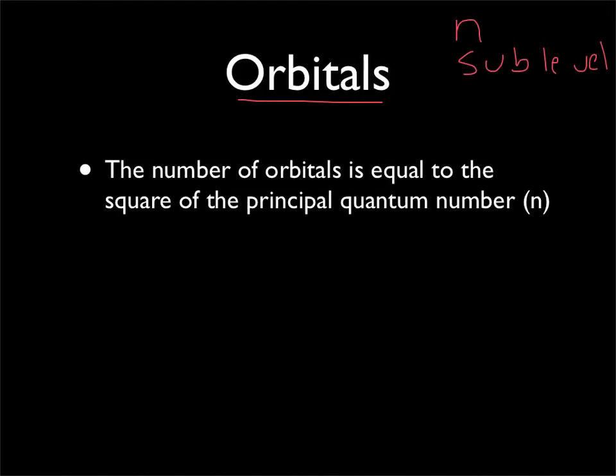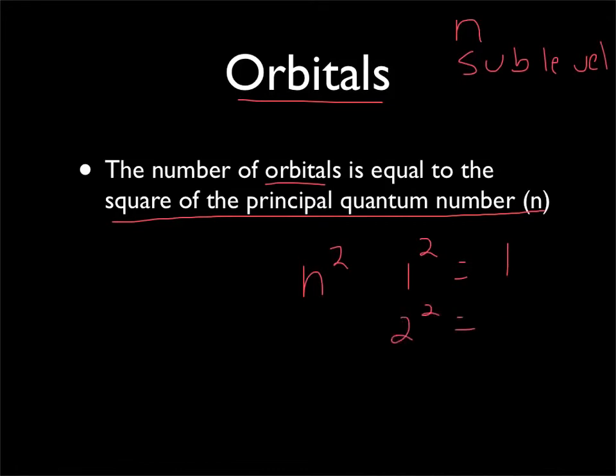The number of orbitals is equal to the square of the principal quantum number, so n squared. If we're in level 1, 1 squared means I have 1 orbital. If I'm in level 2, I have 4 orbitals.